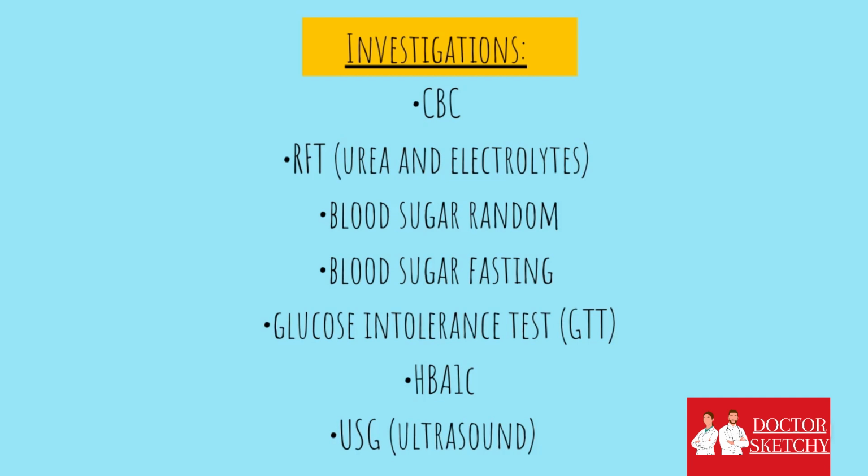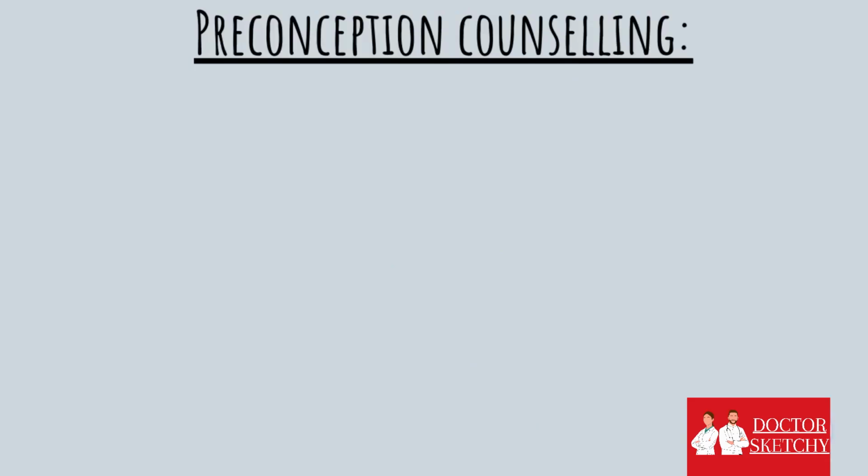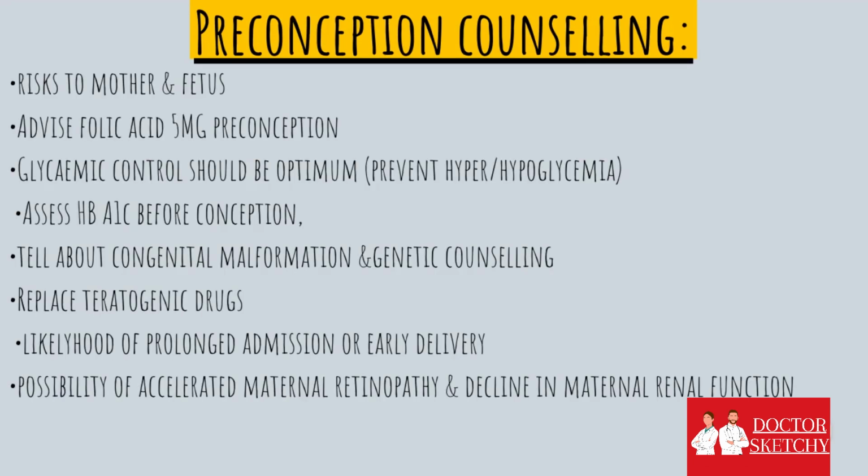When it comes to the preconception counseling of a diabetic woman, you should tell her about all the risks and complications to mother and fetus, advise her folic acid 5 mg preconception to avoid the neural tube defects, and she should control the glycemic index at an optimum level to prevent hyper and hypoglycemia. You should assess her HbA1c before conception.